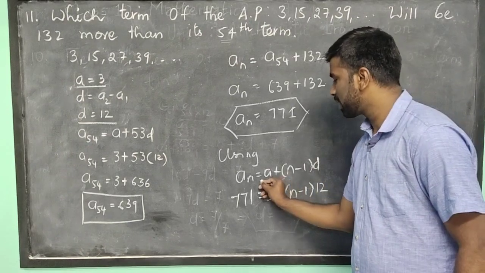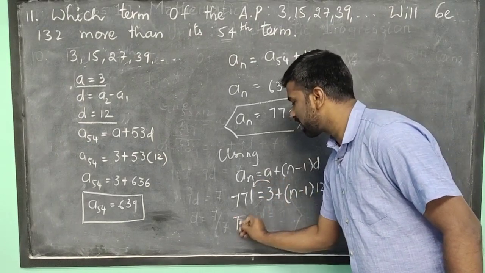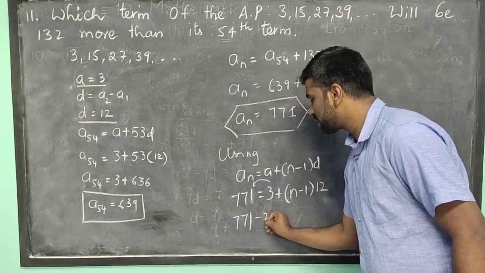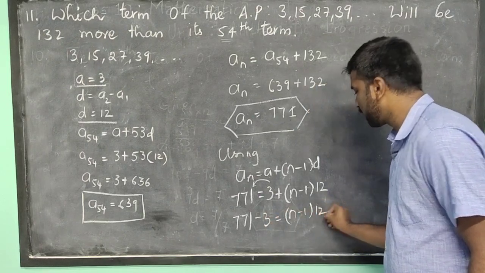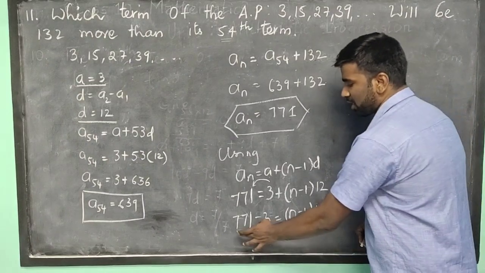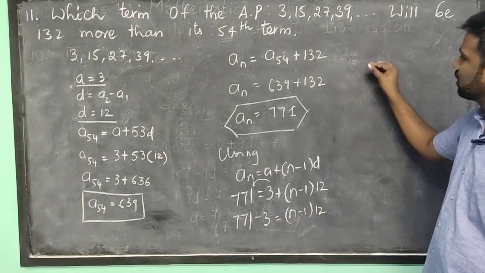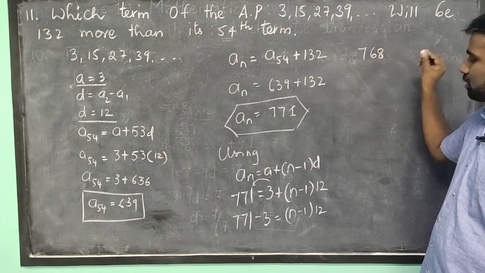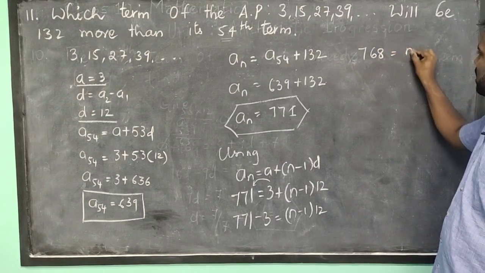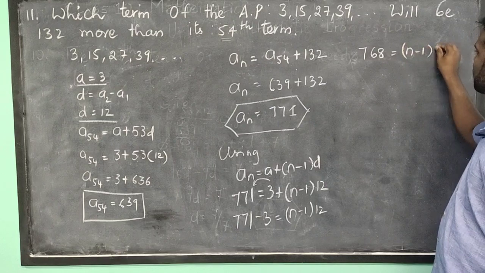Now shift this plus 3 to LHS, you get 771 minus 3 equals n minus 1 into 12. Now 771 minus 3 we get 768, which is equal to n minus 1 into 12.